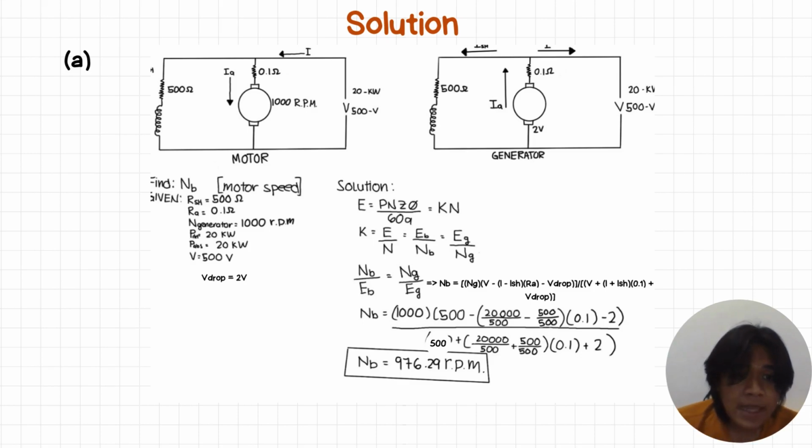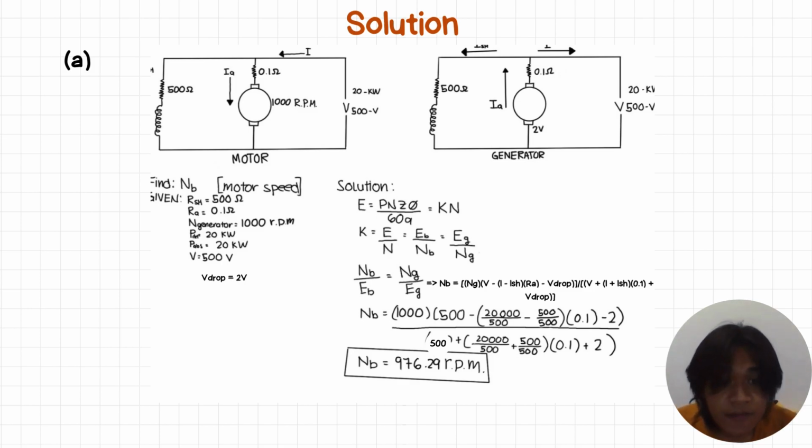Assuming that their configurations are the same, we have the constant PZ phi over 60A. We can treat it as the proportionality constant. We now have E equals Kn, which means K equals E over N. Same principle as the problem before. We now have Eb over Nb equals Eg over Ng.